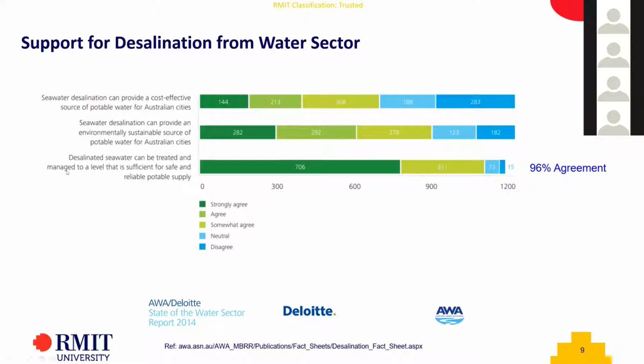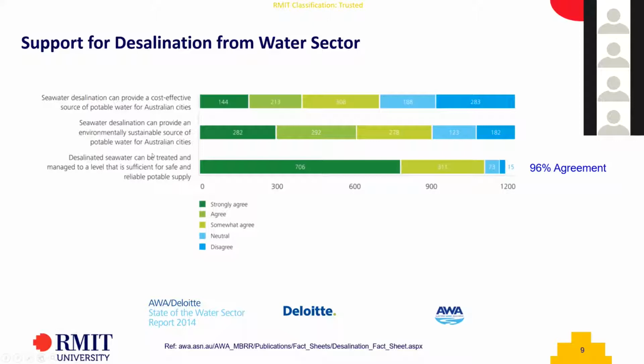As you can see from the survey results, overwhelmingly, I think 96% of the surveyed people believe that seawater desalination can provide sufficient, safe and reliable drinkable water for our cities and our communities. There is no doubt it can achieve that.